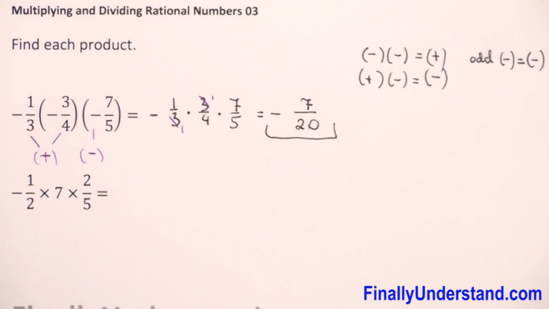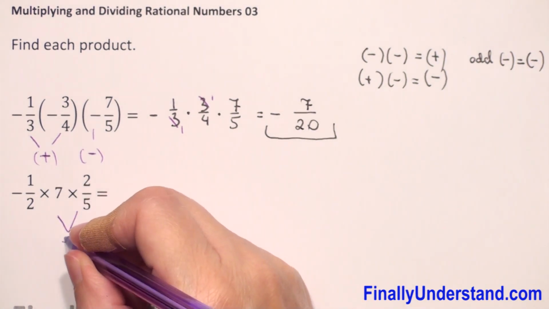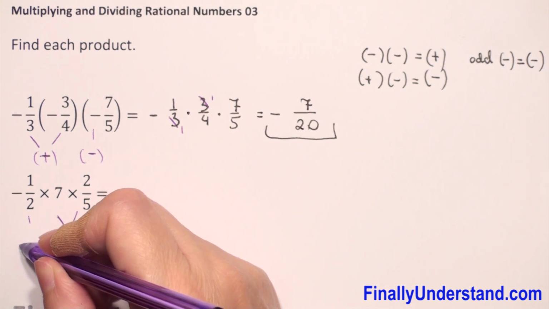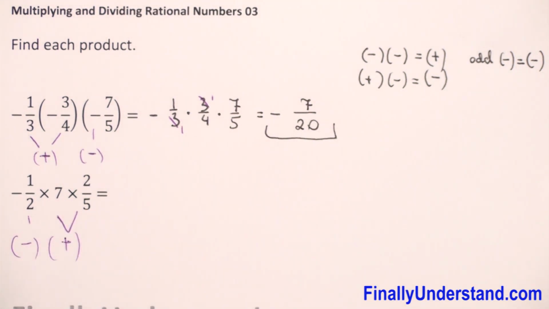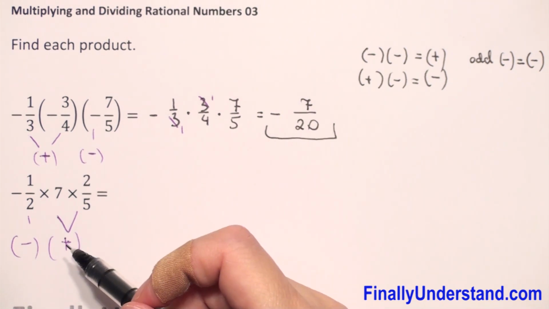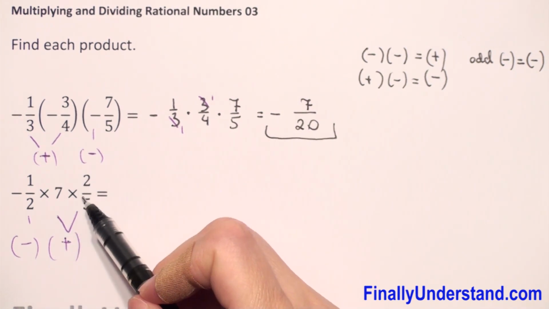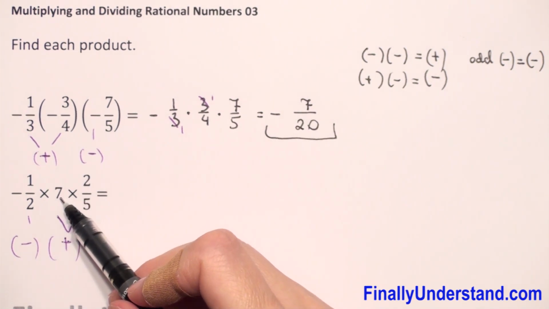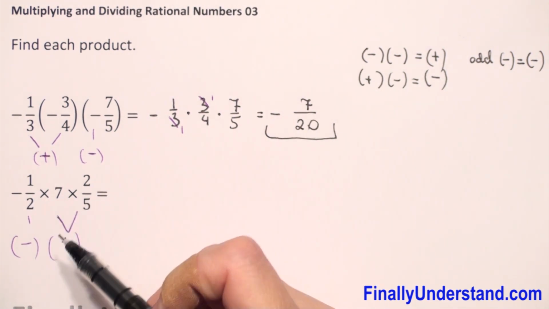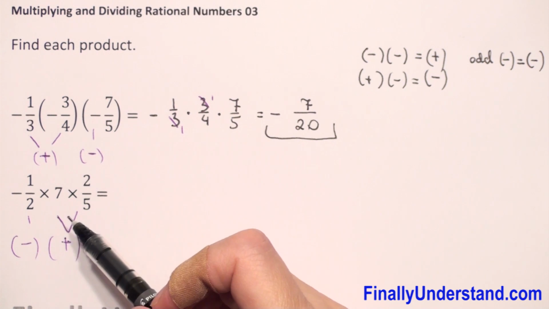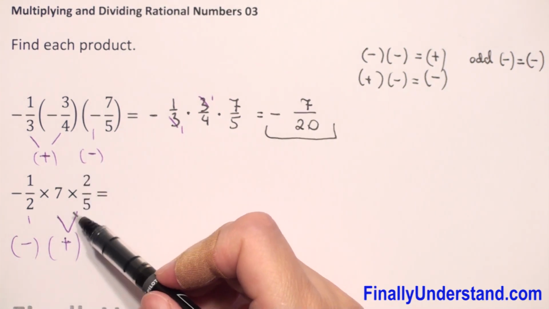So positive times positive, of course, gives you positive. And now we have negative times positive. When we have multiplication, it doesn't matter which number you multiply first. Last times second or first times last, the result will be the same. So first we check the sign.